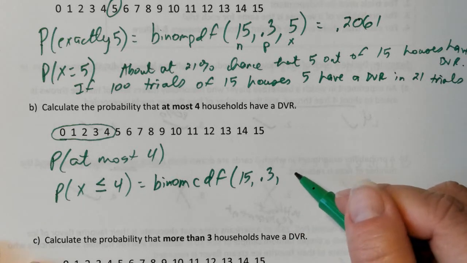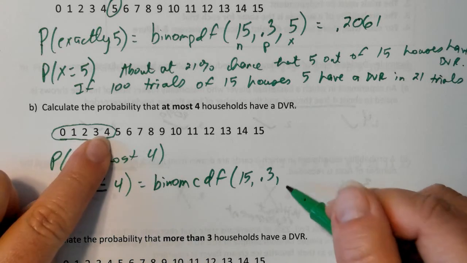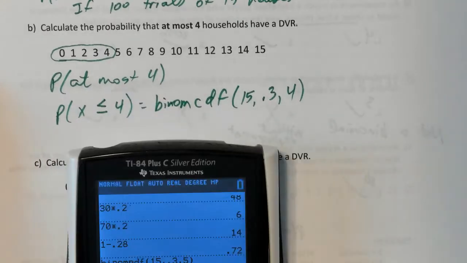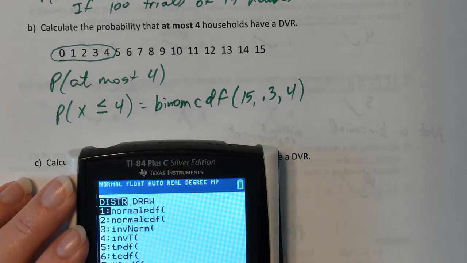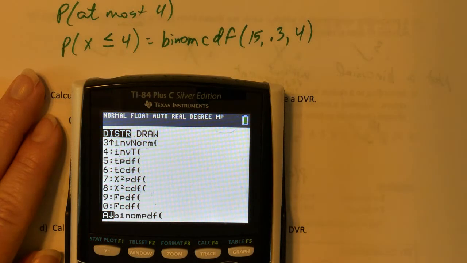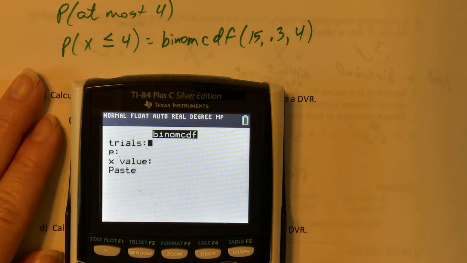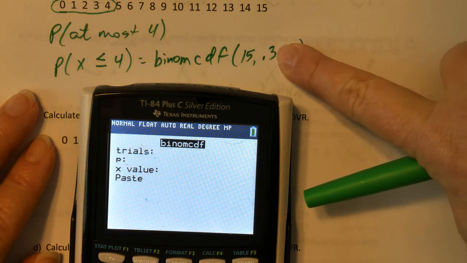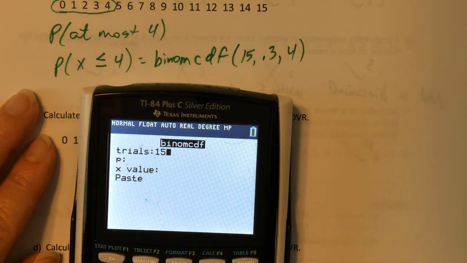And then it's going to want our max number, which in our case is 4. In our calculator, second bars, arrow down to binomial CDF. If you have an 84, it will prompt you for these 3 numbers. If you have an 83, you have to just know that those are the 3 numbers it wants.